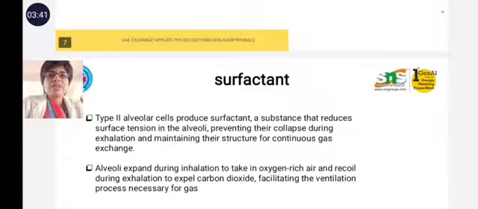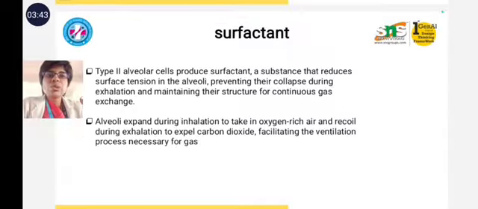And what is surfactant? Type 2 alveolar cells produce the surfactant, a substance that reduces the surface tension in alveoli, preventing the collapse of lung during exhalation and maintaining their structure for continuous gas exchange.